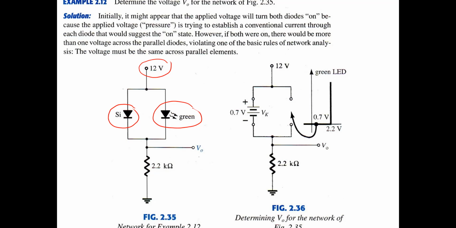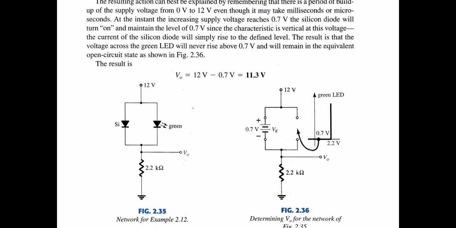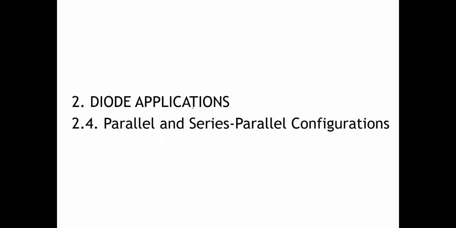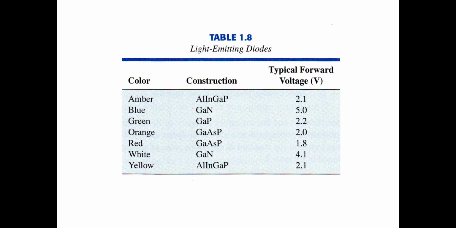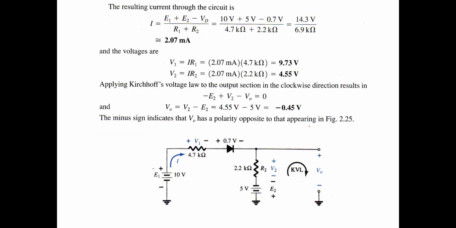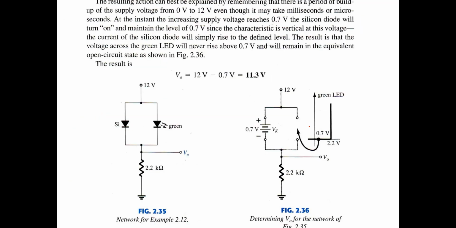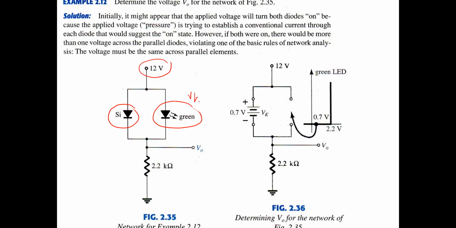The input voltage is 12 volts, and the green LED has a typical forward bias of 2.2. So Vk of the green diode is 2.2 volts and Vk of silicon is 0.7.